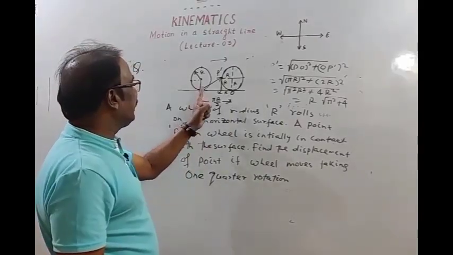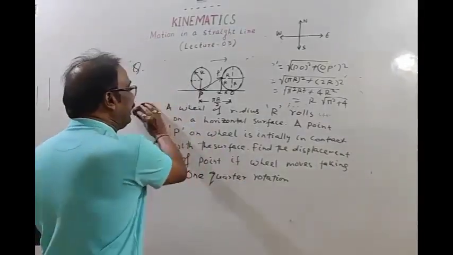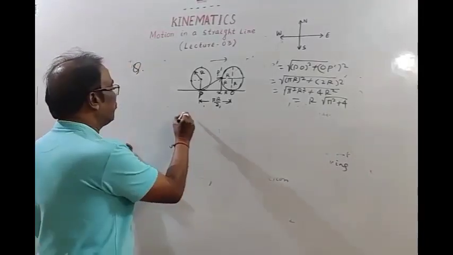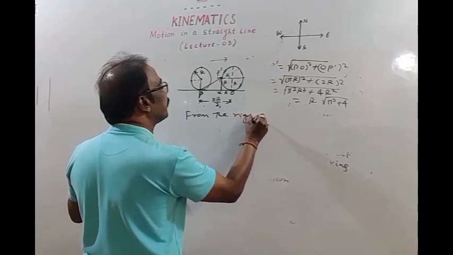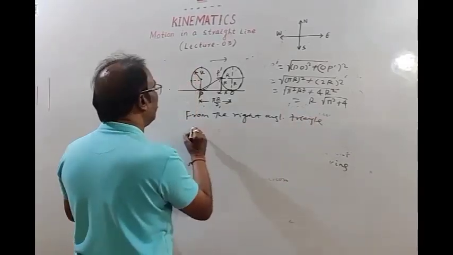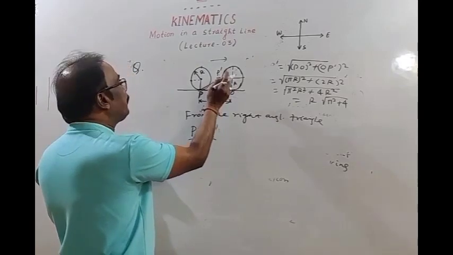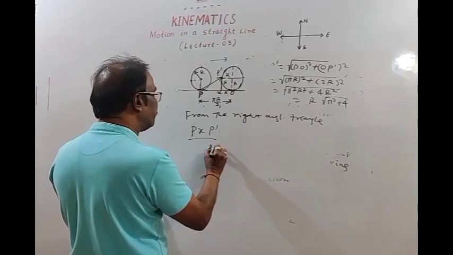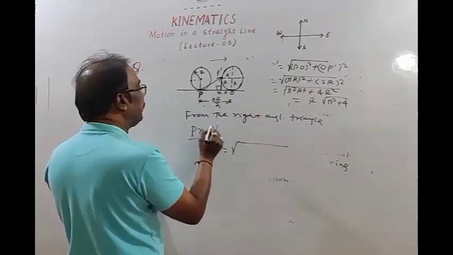Then from the right angle triangle PXP dash, PP dash is the hypotenuse, PX is the base, and XP dash is the perpendicular. We have to find the magnitude of displacement, the length of straight line PP dash. This is 90 degrees. Okay.